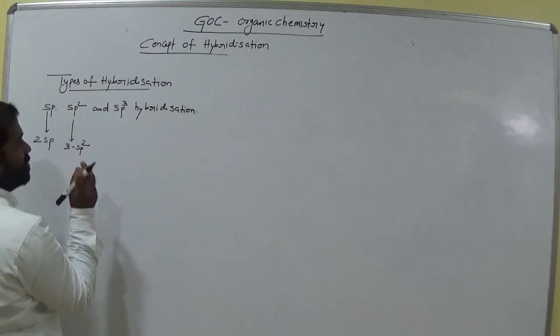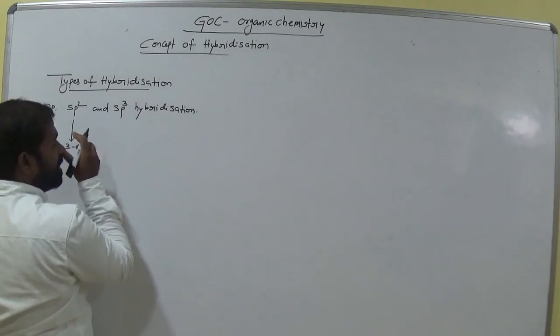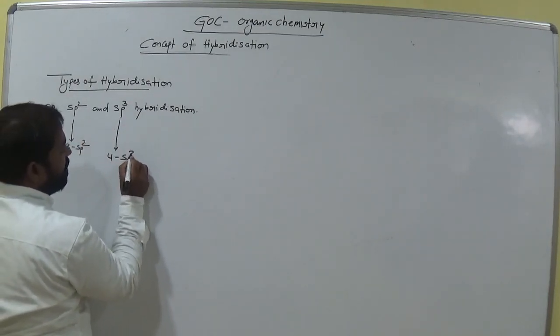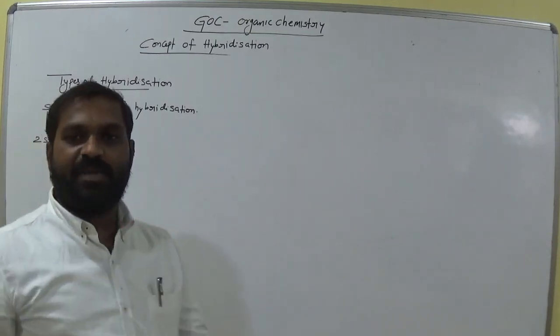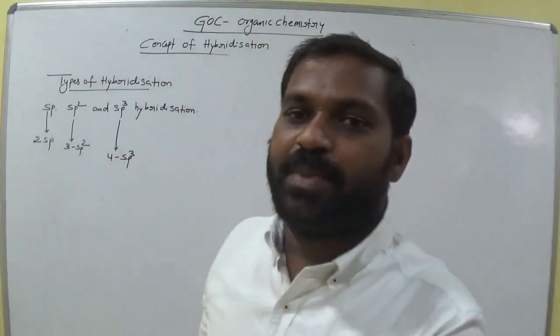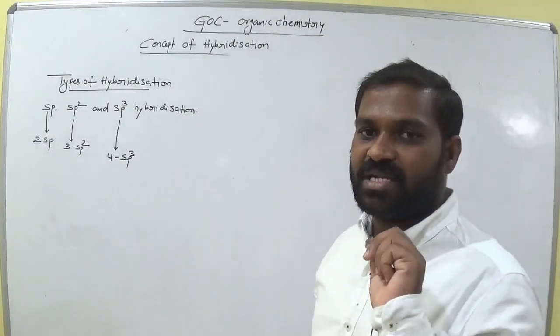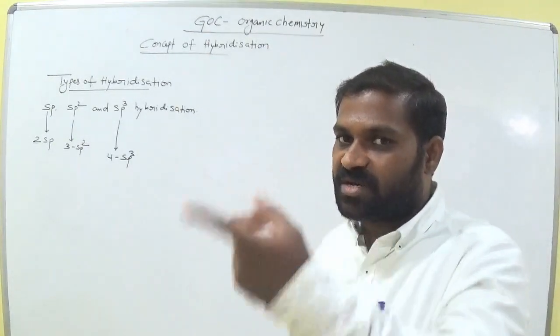How many sp3 hybrid orbitals do we have? 4 sp3 hybrid orbitals after hybridization. So sp hybridization gives 2 sp hybrid orbitals. sp2 hybridization gives 3 sp2 hybrid orbitals, because 1 s and 2 p orbitals participate and intermix.